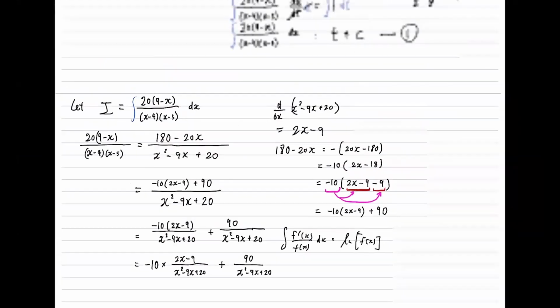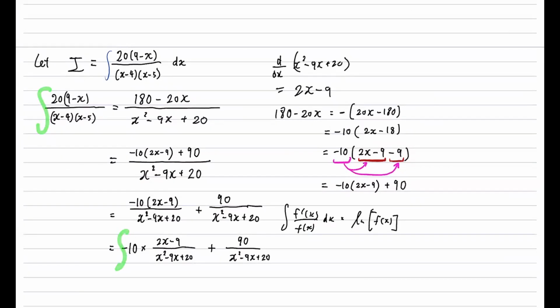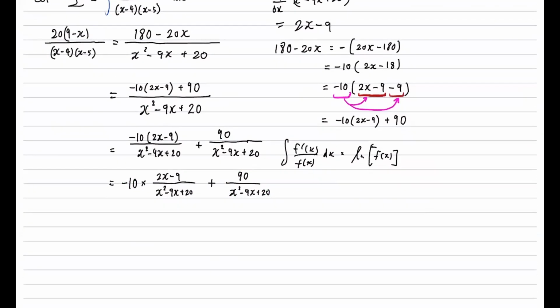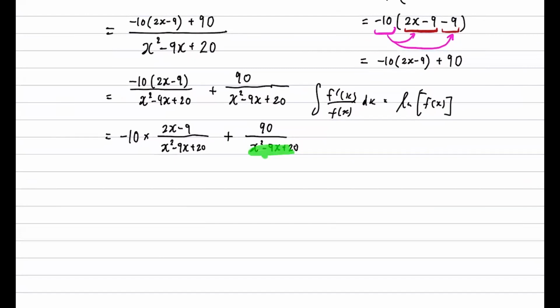Then if we try to integrate this, we have to integrate term by term. Can we integrate this guy? Can. And because the negative 10 can be taken out, then you can just ln. But how about this guy? 90 over x squared minus 9x plus 20. How to integrate? Do you remember? Every time you have a quadratic denominator, what are you supposed to do?